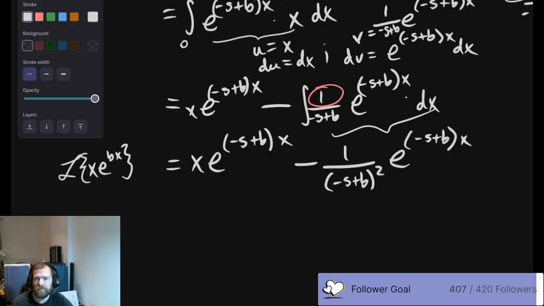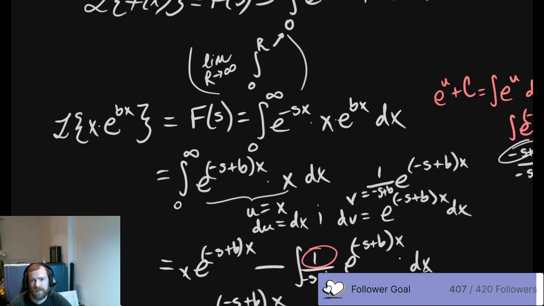Oh, and then I forgot completely, this is not dx. Starting from here on, those are all supposed to be s's. So I just screwed up the entire integral because we're trying to take this in terms of s, not x.